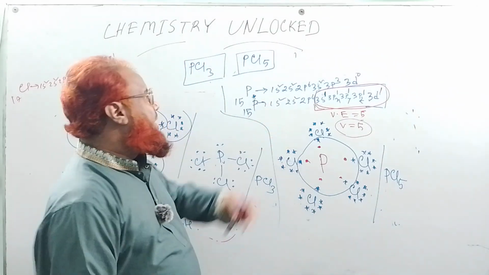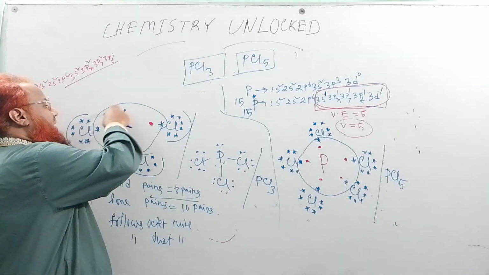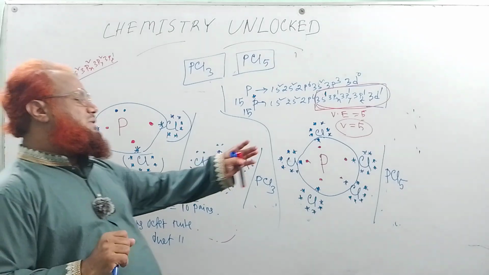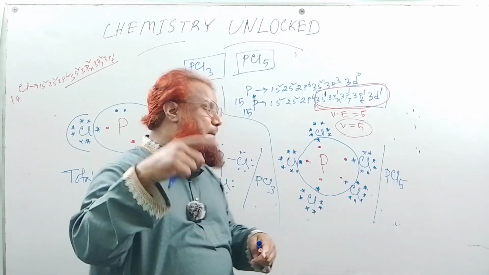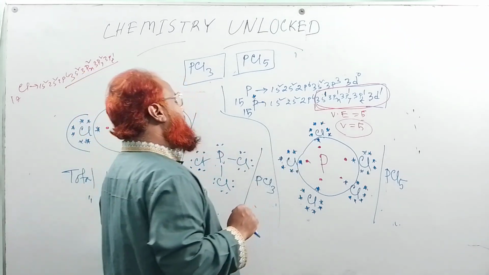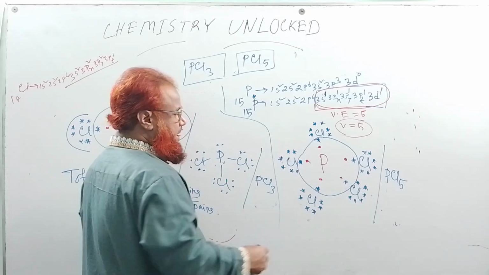The answer is no. But in case of PCl3, of course, there is a lone pair surrounding phosphorus, and that is one pair. But in PCl5, there is no lone pair surrounding phosphorus, but there are lone pairs surrounding chlorine.